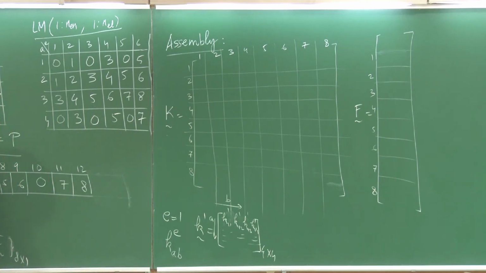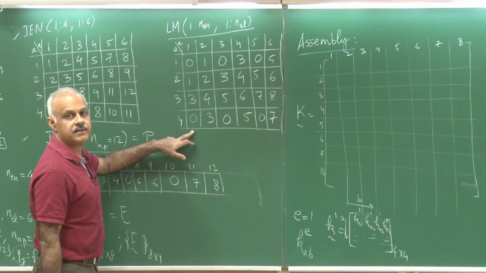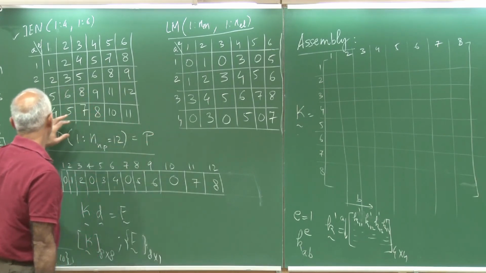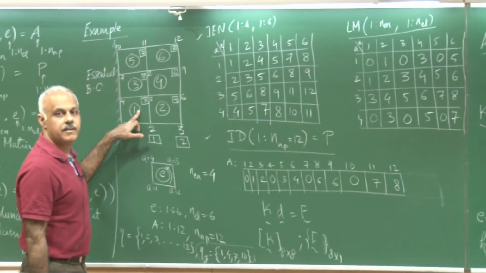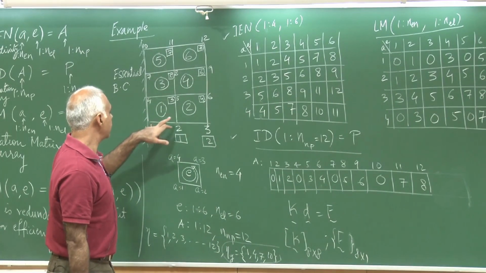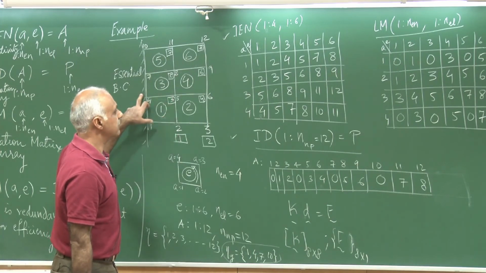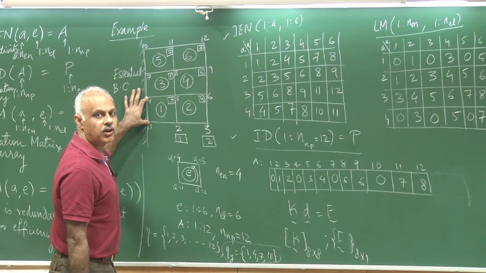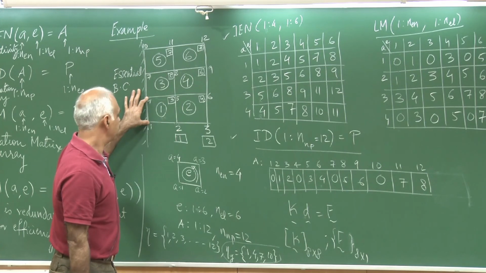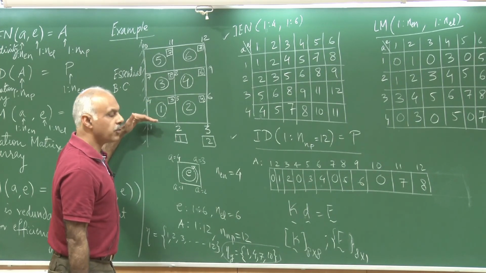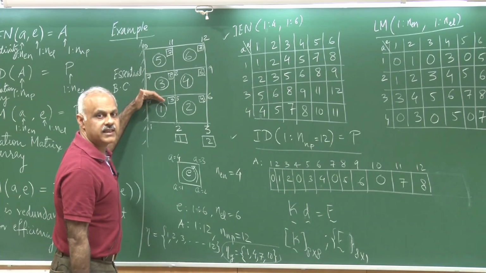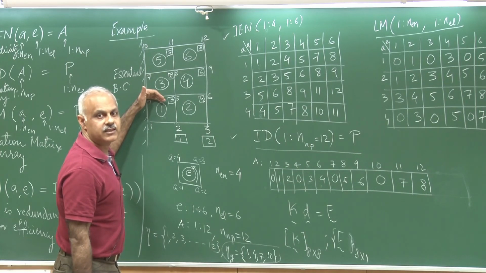Now, let us see the first element. For the first element, the equation numbers are 0, 1, 3, 0. These two nodes do not have an equation number. So, as far as the small k is concerned, the first row and the fourth row do not contribute to any equation number.